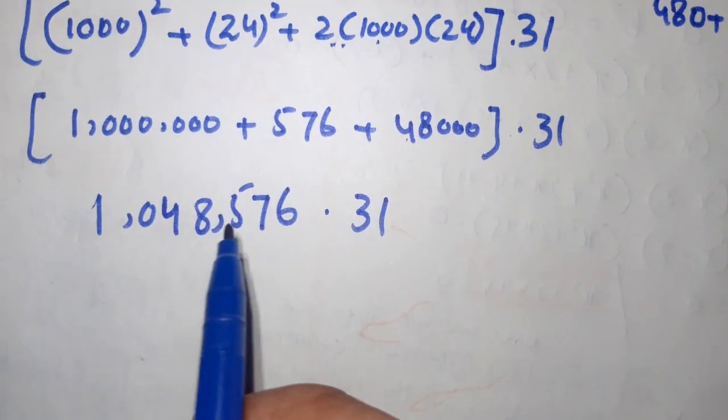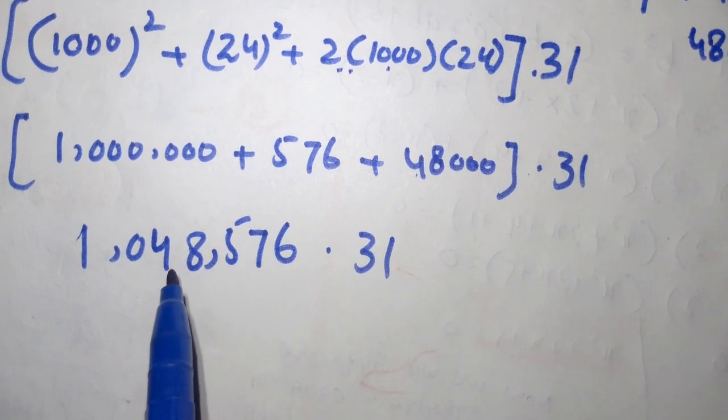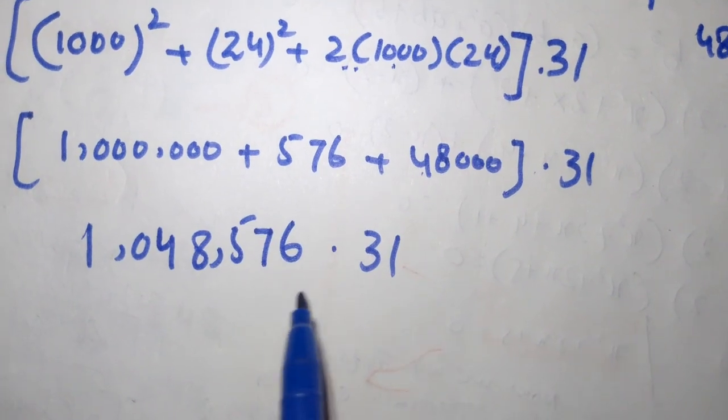Now we have to multiply this 1,048,576 with 31 without using a calculator.